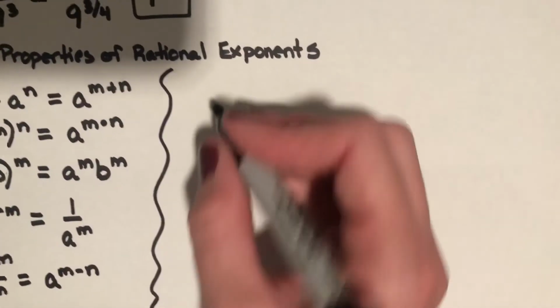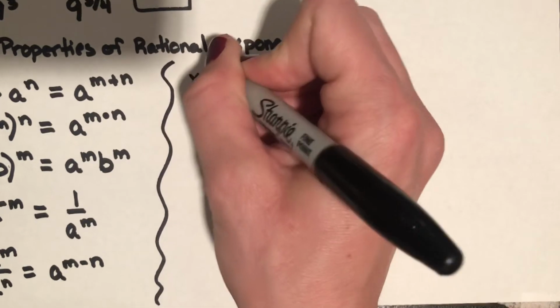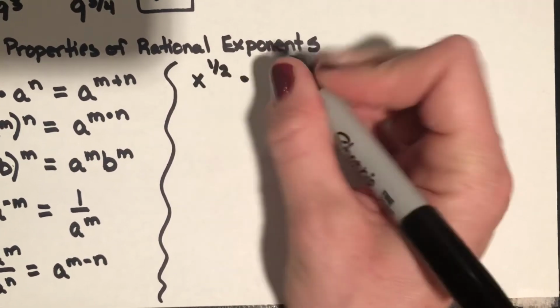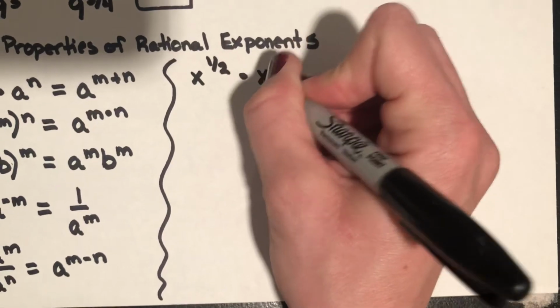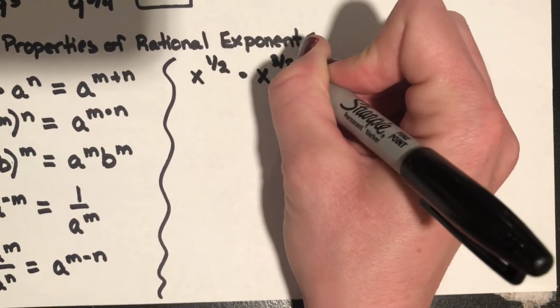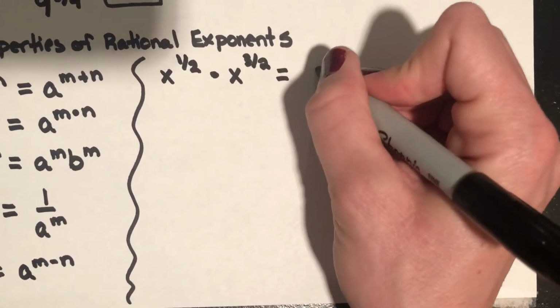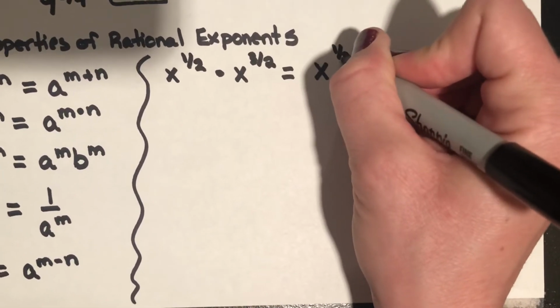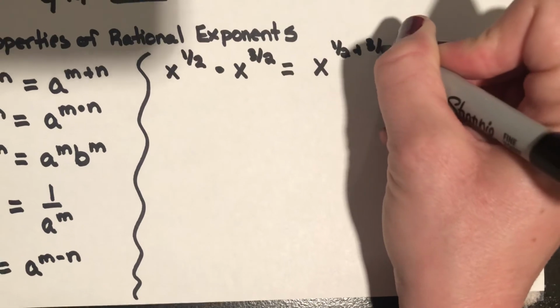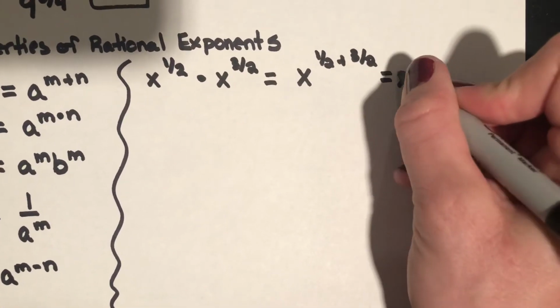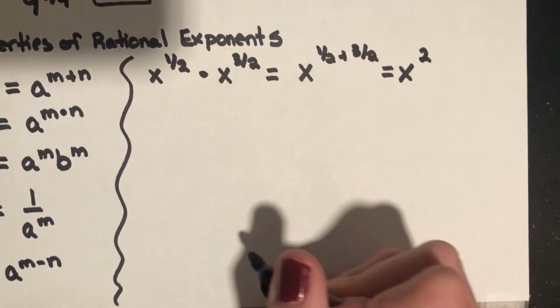So over here, if we have x to the 1/2 times x to the 3/2, we are going to add the exponents, and that's going to be x to the 1/2 plus 3/2, which happens to be x squared.